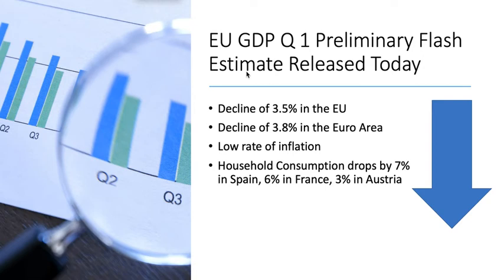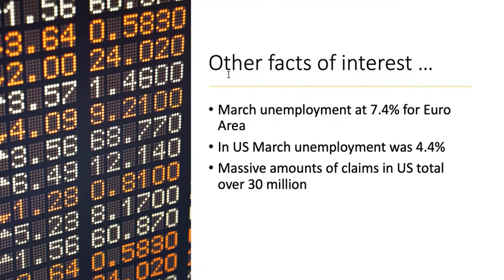So the other facts of interest is that the total unemployment for March, so these numbers were just released for the Eurozone area, the smaller subset of the European Union. March unemployment rate stood at 7.4%. By comparison, the U.S. unemployment rate in March was 4.4%.